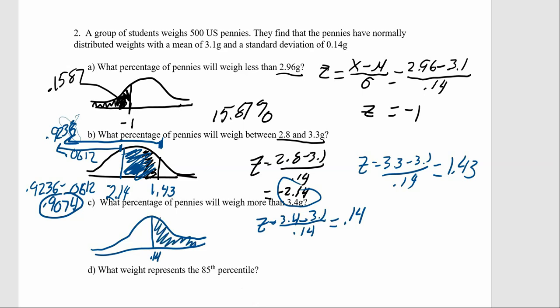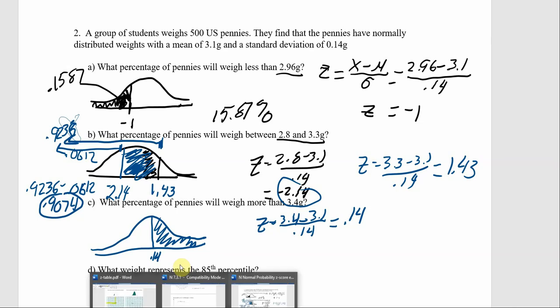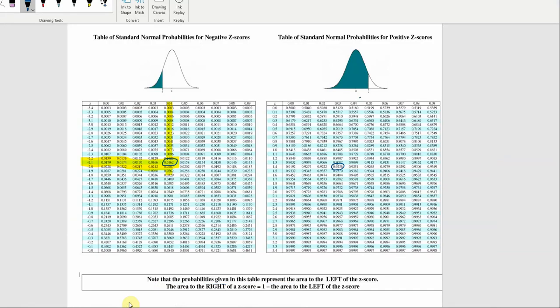So let's go to our chart and find the z-score. It's going to be on my positive side. 0.1 is the row, and here is the 0.04.